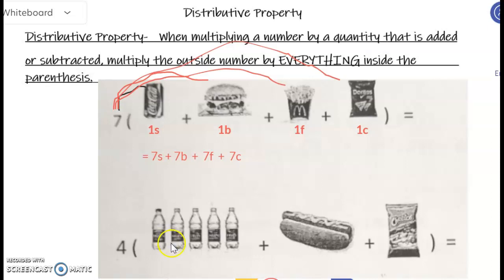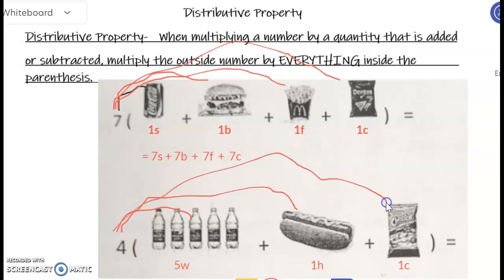And we actually have here 4 times the quantity of 5 waters, 5W, and you've got 1H, and you've got 1C all added here. Again, we're going to use the distributive property, so we're going to draw happy rainbows. 4 times 5W, 4 times 1H, and 4 times 1C.